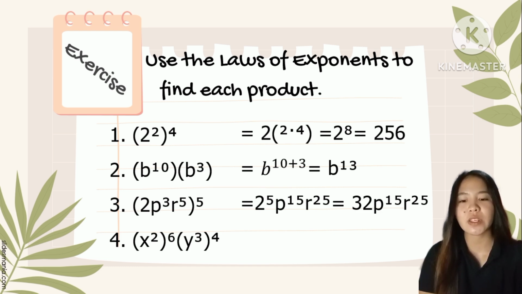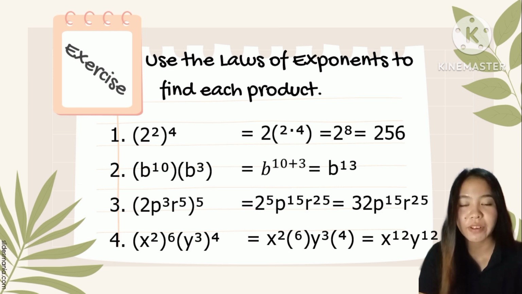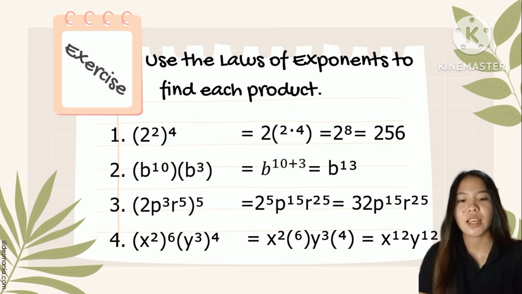And next, x squared raised to 6 and y cubed raised to 4. What we're going to do is simplify and substitute in every exponent. So we have x raised to 12 and y raised to 12, because 2 times 6 is 12 and 3 times 4 is 12. So do you get it, guys?